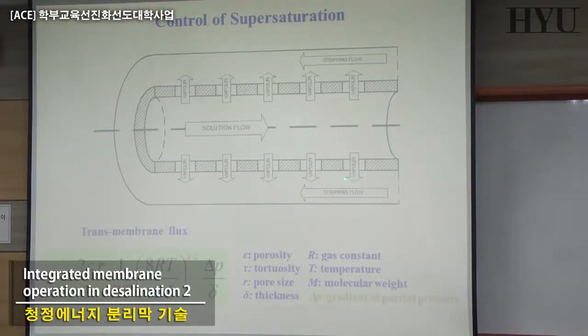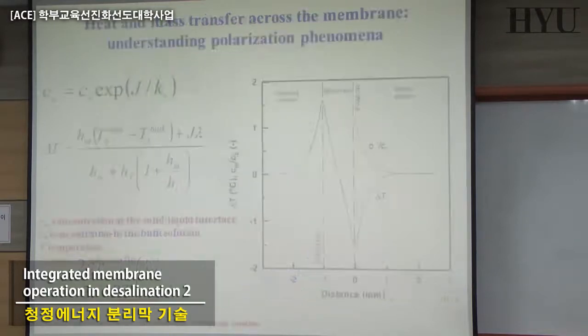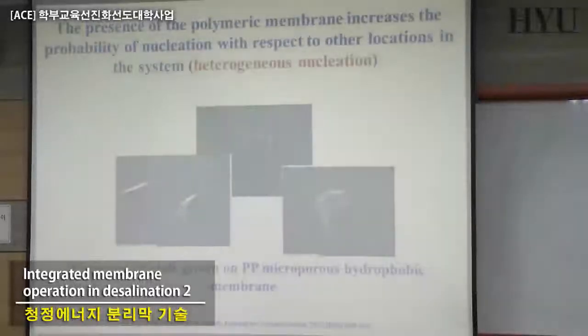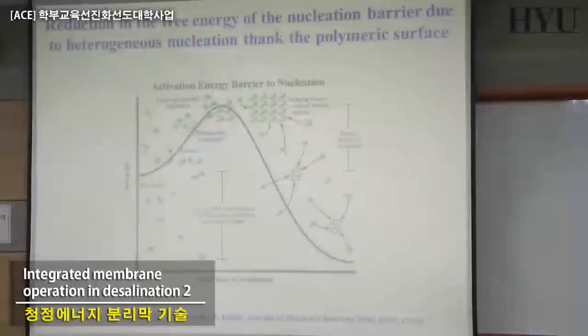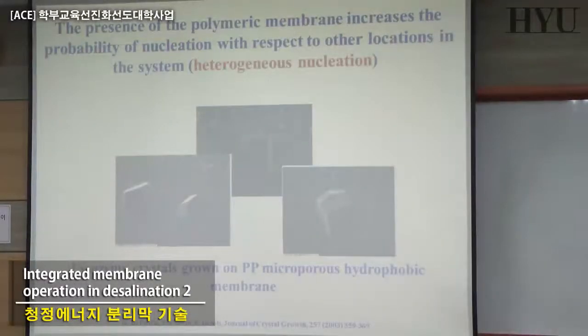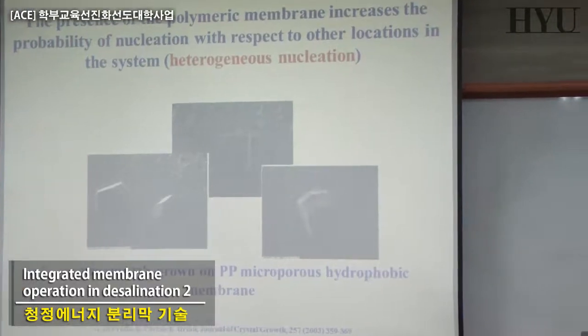And if you have good membranes, these pores are all, in principle, the same. So you have a large distribution of crystals that are forming, and so you can control the uniformity. And in fact, you will see in the data that the variance of the size and dimension of your crystals is very, very narrow, very sharp compared to normal pore-size distribution.